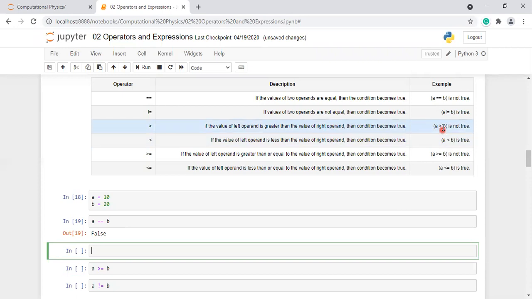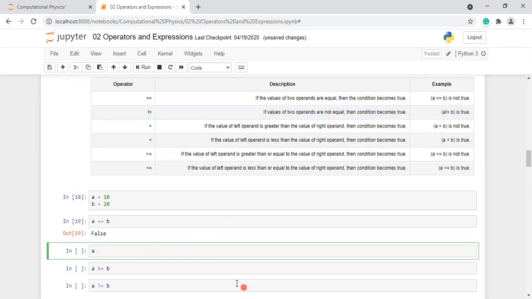Next, the exclamation mark equal to, not equal to. So now A exclamation mark equal to B. If the values of the two operands are not equal, then the condition becomes true. So let us try it here.